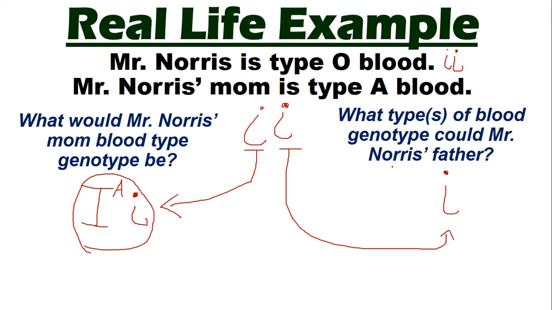Well, we know from the mom it could be big I^A, little i, but you could also have big I^B, little i, because there's a little i there, or it could be little i, little i. So my father could be type A, type B, or type O. But none of my parents could be type AB blood. And that would be a real life example of using blood types in this situation.